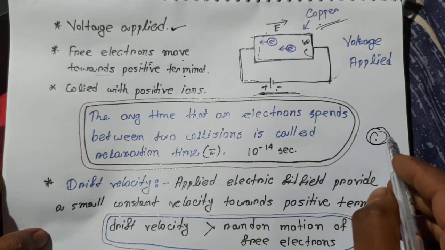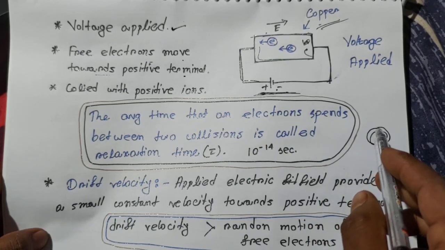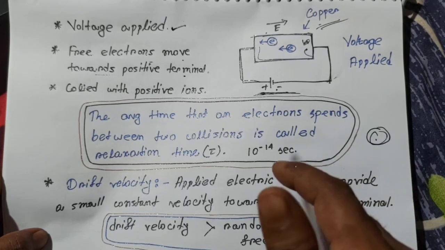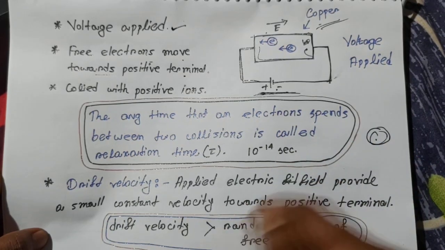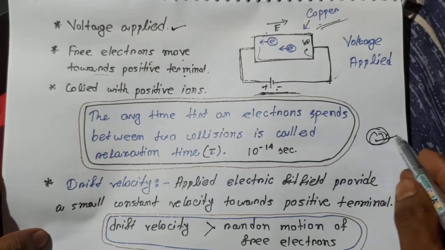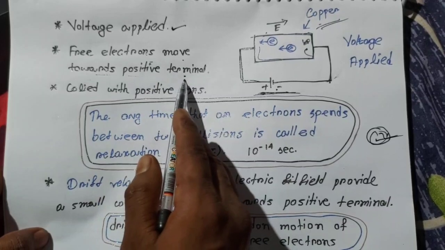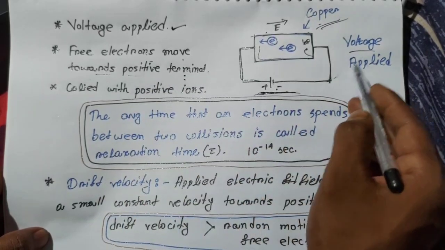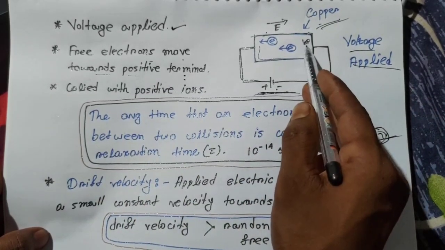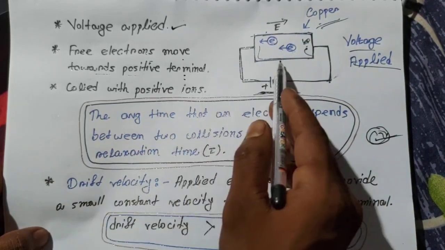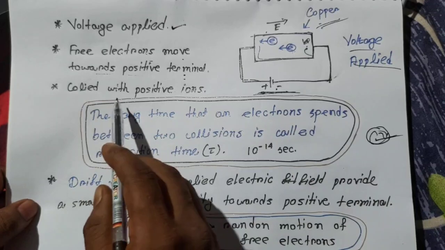Those electrons are called free electrons, which are loosely tied, meaning they can be easily removed. We talked about that in previous videos. So free electrons move towards the positive terminal when we apply voltage to this copper conductor, copper metal.